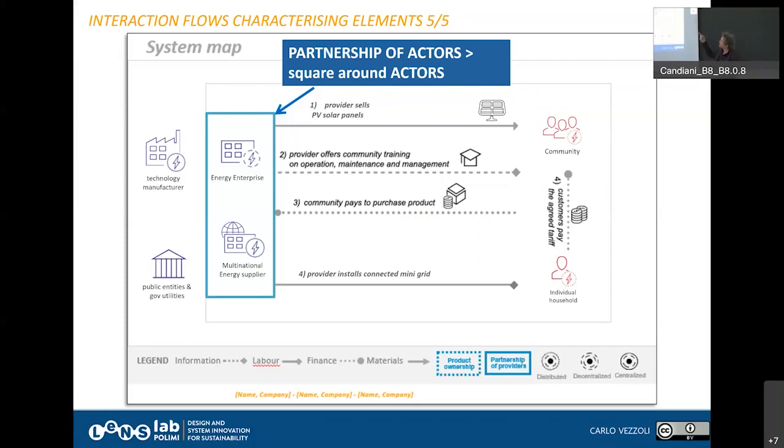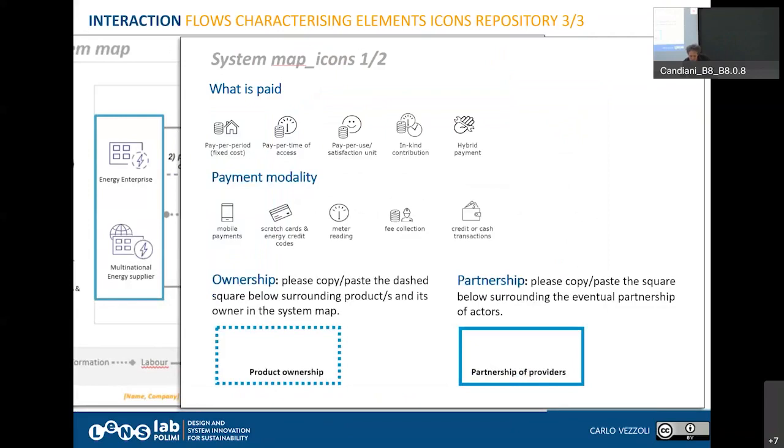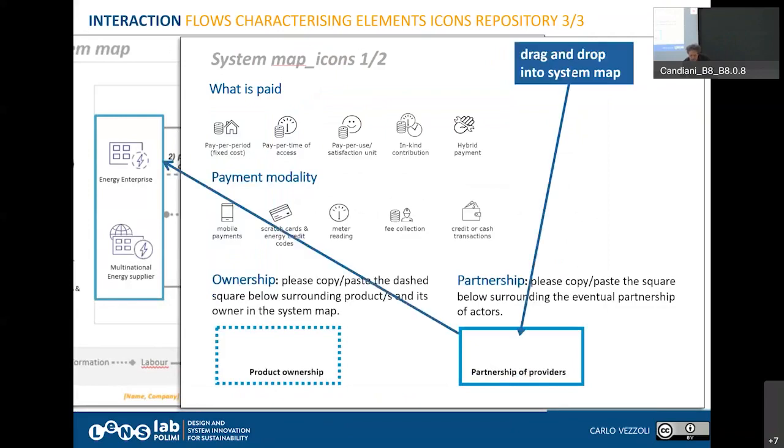So if you need to do that, you're going to use this type of square around the two actors that are in the partnership. Again, you can drag and drop because we have it already in the tool.